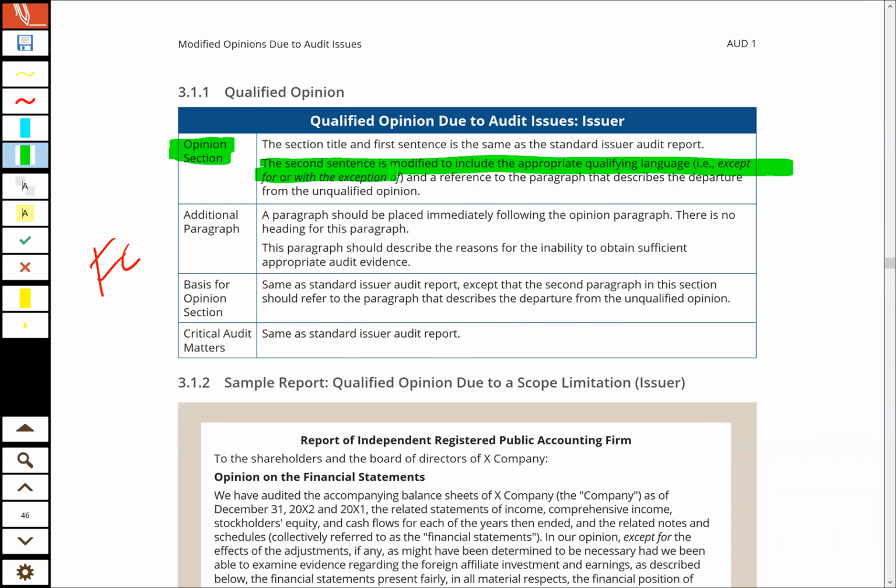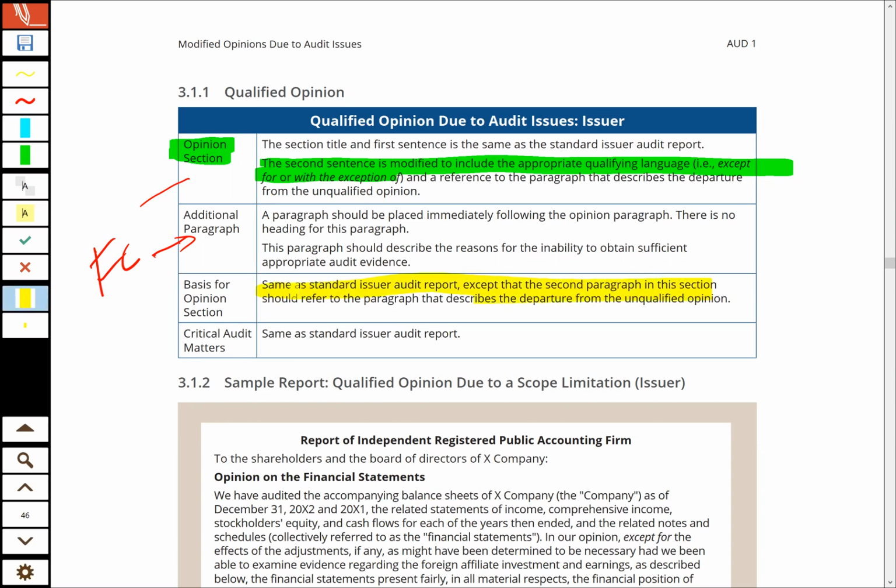And then the second sentence says except for, right? Then you put the additional paragraph that explains your reason, your basis for your opinion, and that additional paragraph comes right after the opinion paragraph, just like we saw for the GAAP qualification, guys, but now it's a GAAS reason. You'll call out what that GAAS reason was, the basis for your opinion.